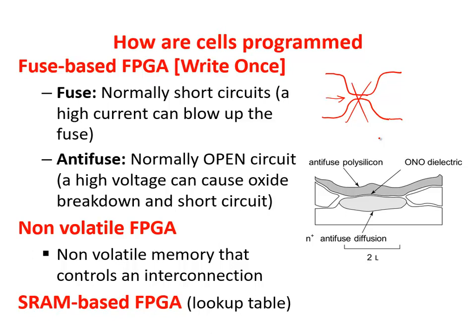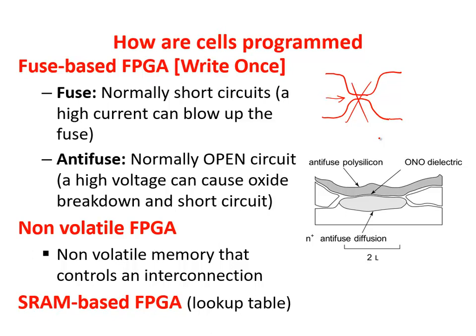Or you can have the same thing but controlled by an SRAM, a volatile, static memory, which means that at the boot of the FPGA there's a phase during which the status of each SRAM cell is read from an external ROM, and then the SRAM is written, and then you can start the operation.